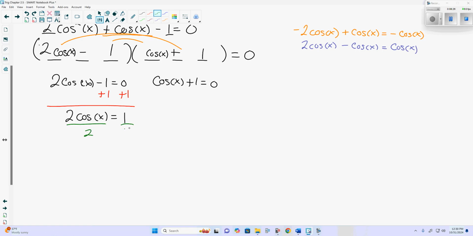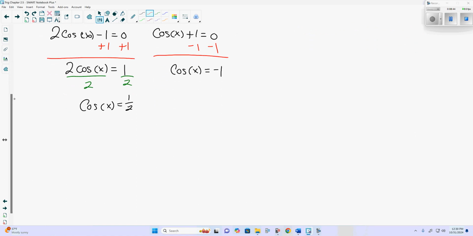Next thing we can do is divide both sides by 2, telling us cosine of x is equal to 1/2. Our other equation, we can minus 1 from both sides, telling us cosine of x is equal to negative 1.